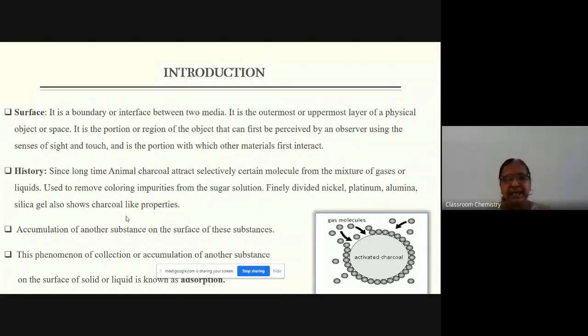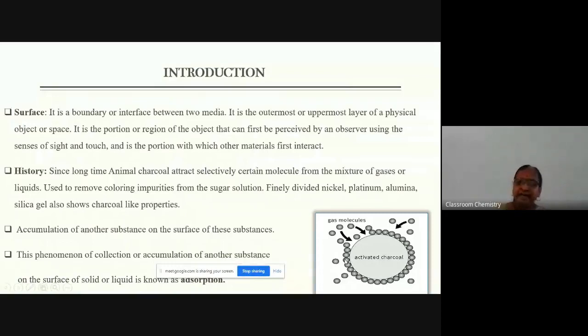What happens actually? You can see this figure, that is, this is the activated charcoal. And if this activated charcoal comes in contact with another substance, that is this gas molecule, suppose it is another substance. These are the two substances, and this uppermost layer or outer layer of animal charcoal is the surface. What happens actually? This other substance is attracted towards the surface of this activated charcoal and gets adhered on the surface of this activated charcoal.